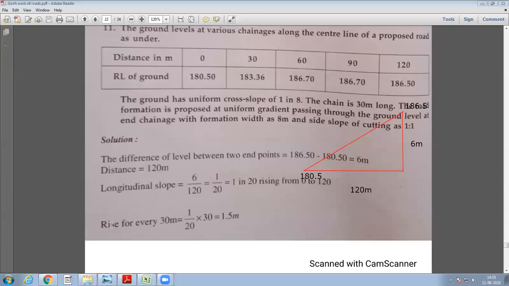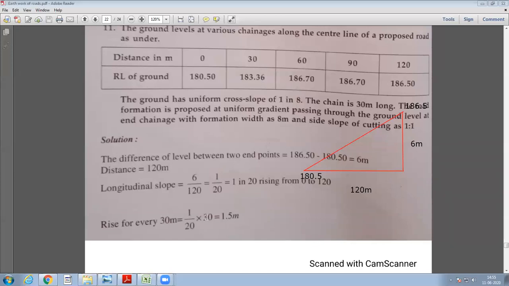If that is the case, a rising gradient of 1 in 20 means there is an increase of 1 meter at every 20 meter interval. But we have chainages, we need the RLs at every 30 meter.